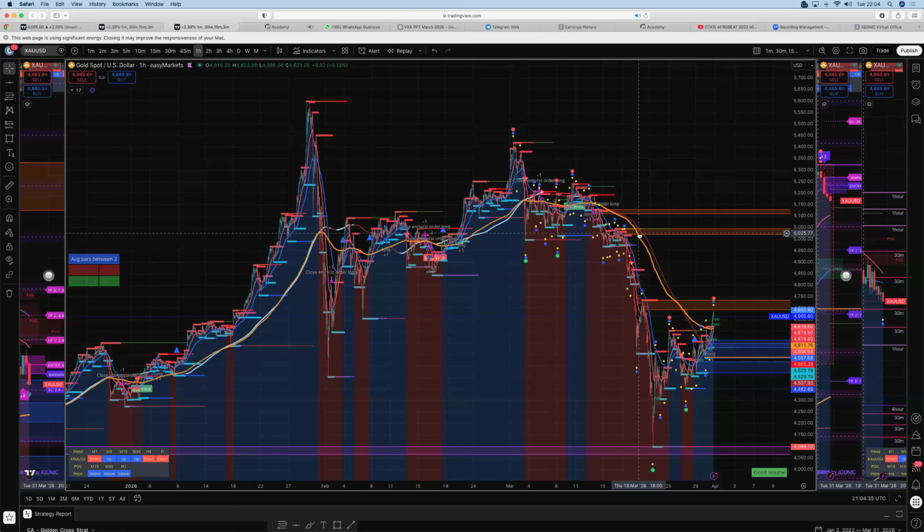So when it gets up here, you can see there's massive areas of interest in this area. It becomes a zone. So what you do is you mark out your zone of interest. From here to here is a zone of interest. And look, it kind of correlates with these blocks.